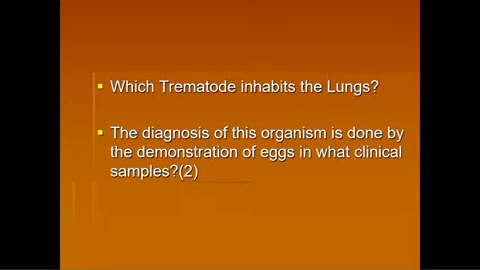Next, which trematode inhabits the lungs? There's only one organism that inhabits the lungs as adult worms. Maria Cristina K. Sabado: Paragonimus westermani. Very good. Now, the diagnosis of this organism is done by the demonstration of eggs in which clinical samples?